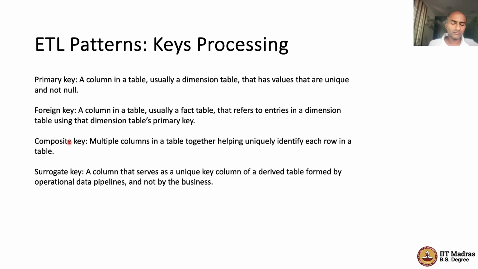And last but not the least, there is a concept called a surrogate key. So here, the natural business process, which normally produces a primary key, a foreign key, and the columns that could be part of a composite key, are not able to uniquely identify a specific data element. If that happens, then you might need to artificially construct a column as part of an ETL pattern, as part of a database operation, which will allow you to create a primary key kind of a construct, but using mechanical means, right?